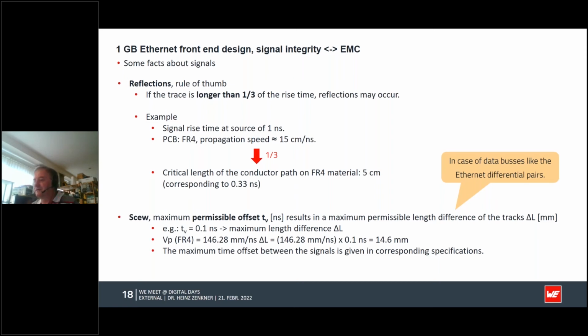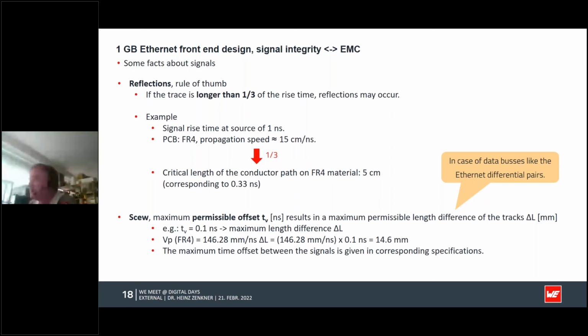What can you do in your layout design, at least to have it matched and have everything, let's say, how it should be? In this example, if the signal rise time is 1 nanosecond and you use FR4 material like it is done in, let's say, 99% of all cases, we have a propagation speed for FR4, which you can calculate: C, the speed of light, divided by the square root of epsilon r, the dielectric permittivity.